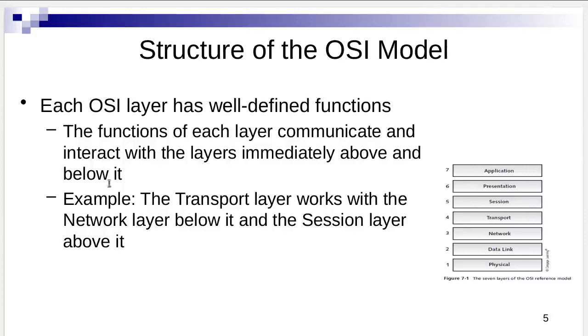So for example, we've seen how the transport layer interacts with the network layer below it, and then in OSI we'll see that it also interacts with the layer above it, which is the session layer. And this is used a lot in web browsers, web servers, things like that.